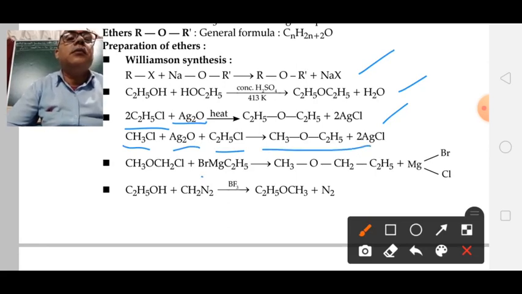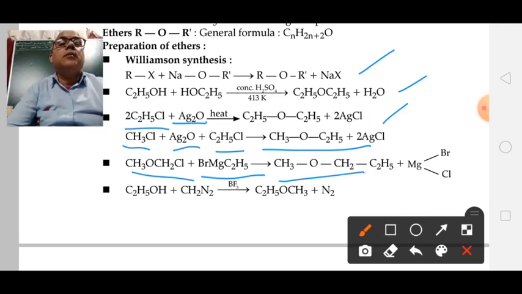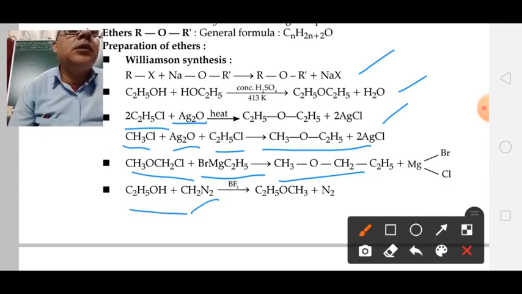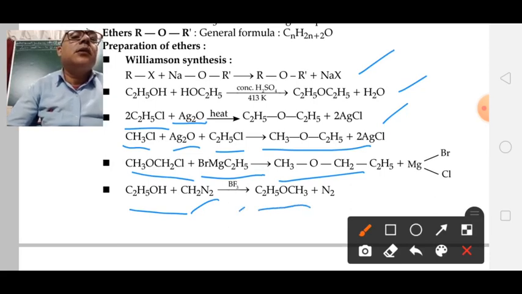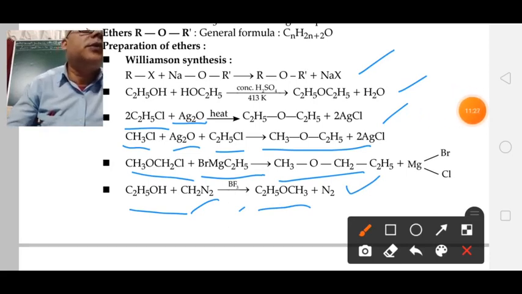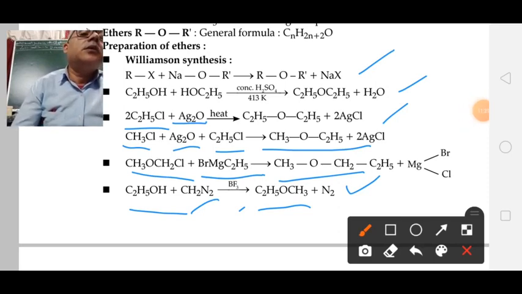When a Grignard reagent reacts with this, it gives ethyl propyl ether. When alcohol is heated with methenamine and BF2, it gives ethyl methyl ether and NO2 gas. So these are some methods of preparation of ether.